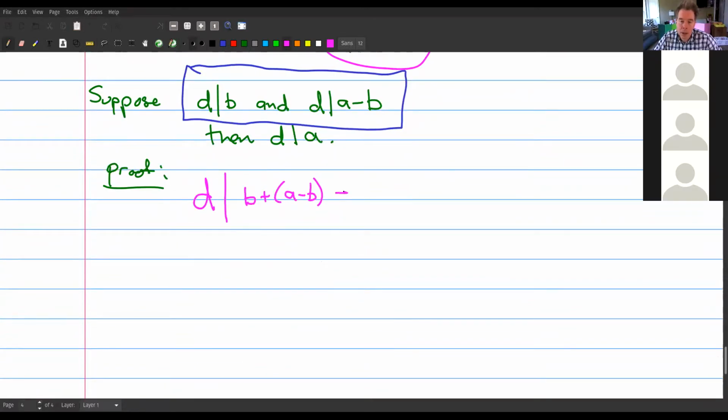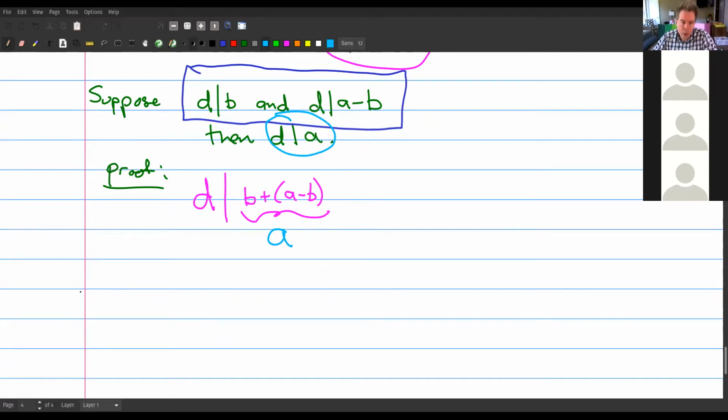And what is this equal to? Something cancels out here. It's the b, so it's just a left. So this is just a. So what we've shown is that d divides a, and that's exactly what we wanted to show.